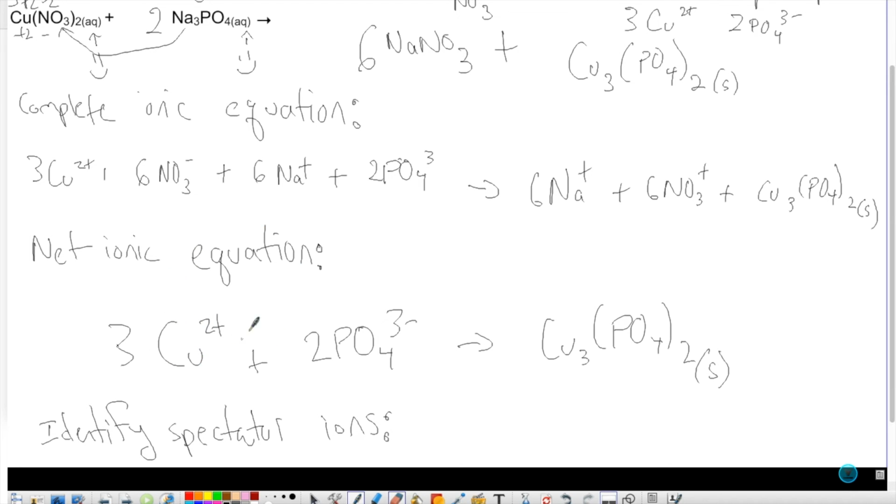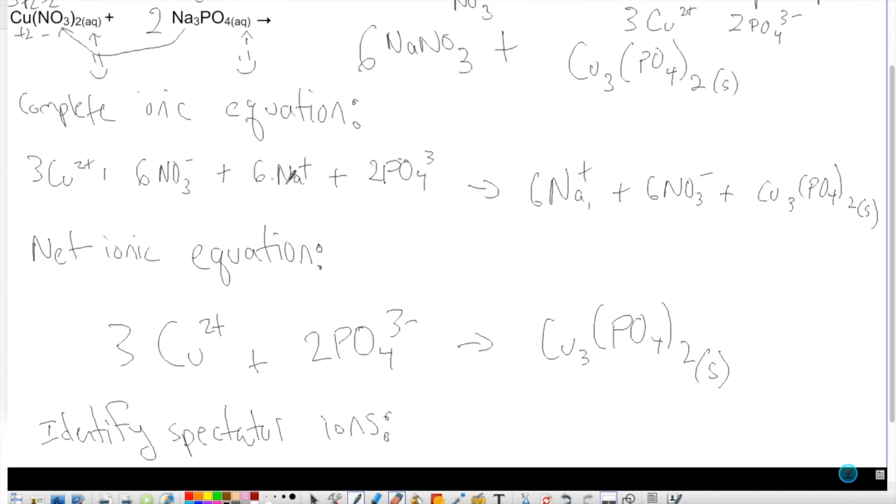if this is my net ionic equation, if this is the reaction that actually happens, what about the sodium ion and the nitrate ion? Oh, and did I really do that? NO3 minus. Come on. Come on, Mr. Ryan. Embarrassing. These aren't really participating in the reaction per se, okay?